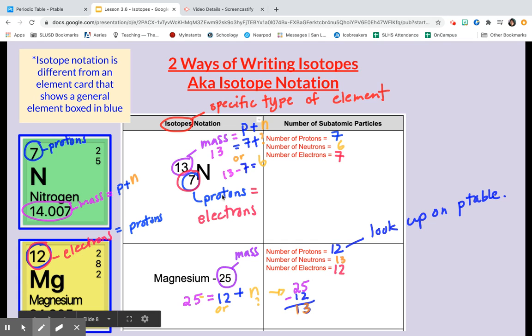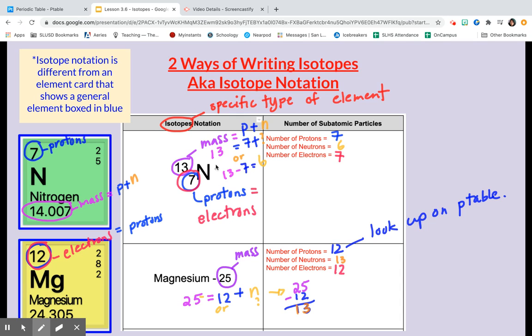So when we're talking about one specific element, we call that an isotope. There are two ways of writing an isotope, this way or this way, right? So what notes should I take from here?